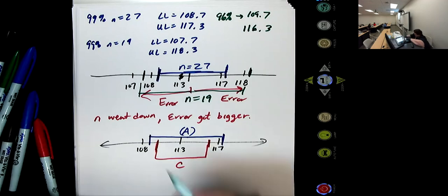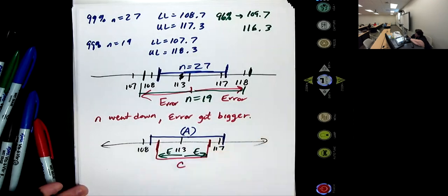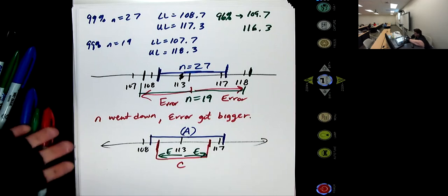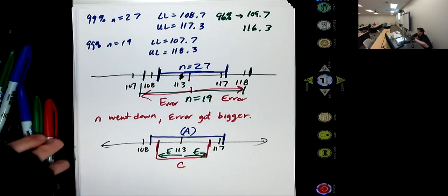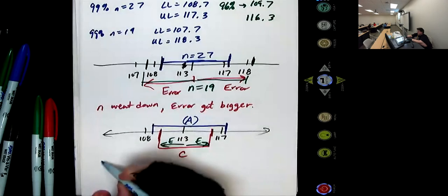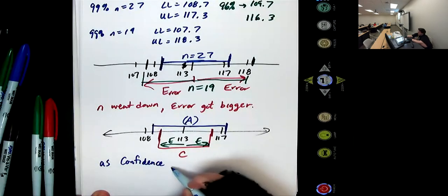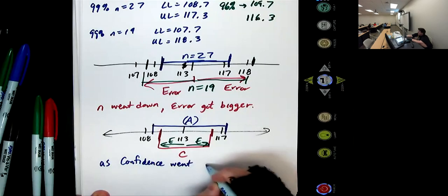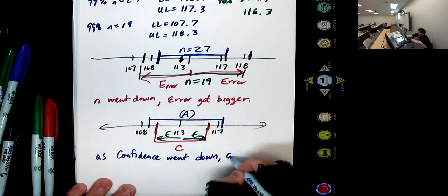So again, the error is half this distance. That's E, that's E. It got smaller. So as my confidence level went down, my margin of error went down. Yeah, as confidence went down, so did the margin of error.